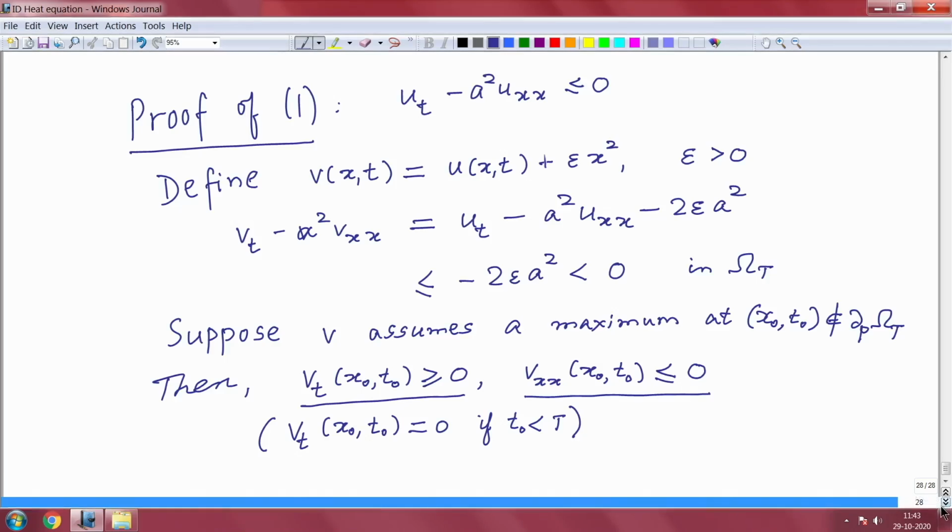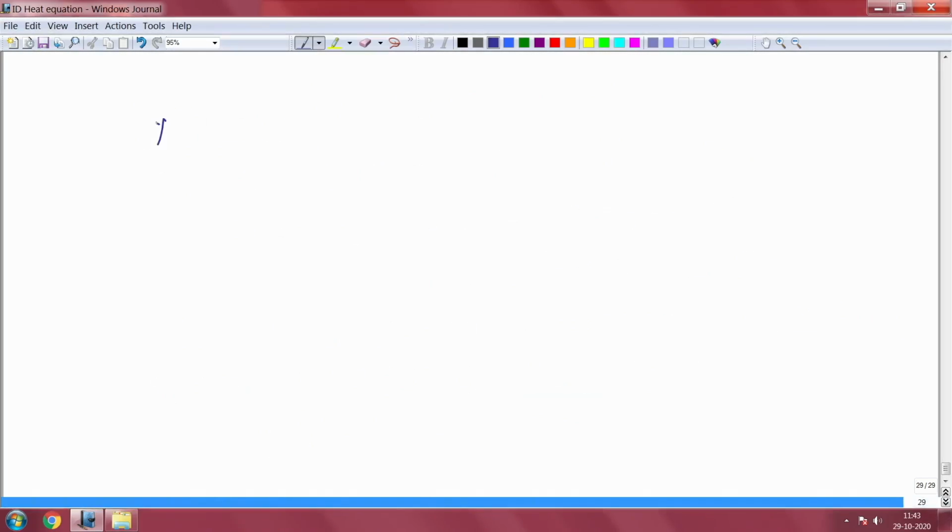So, at x0 t0, v t minus a square v x x: this is non-negative, this is non-positive, but there is a negative sign here.